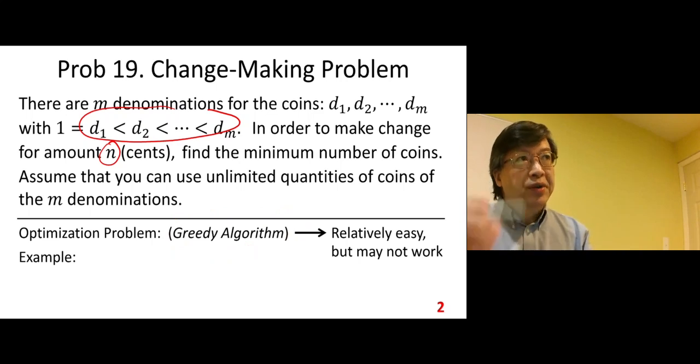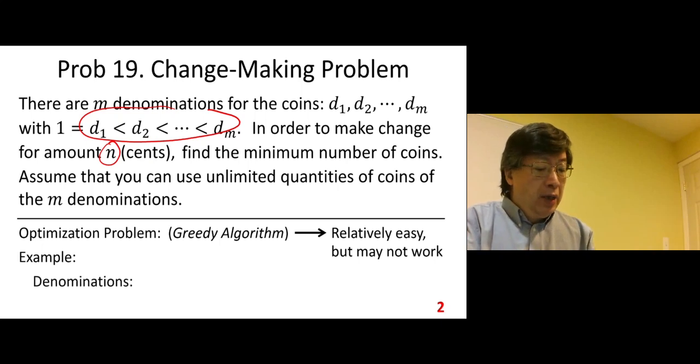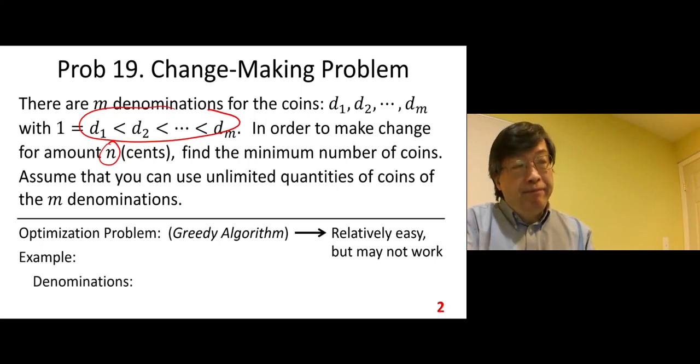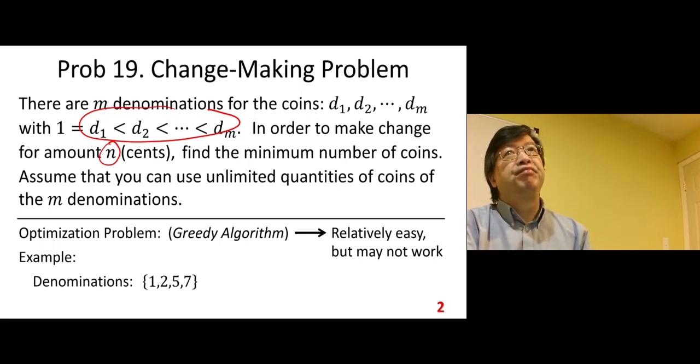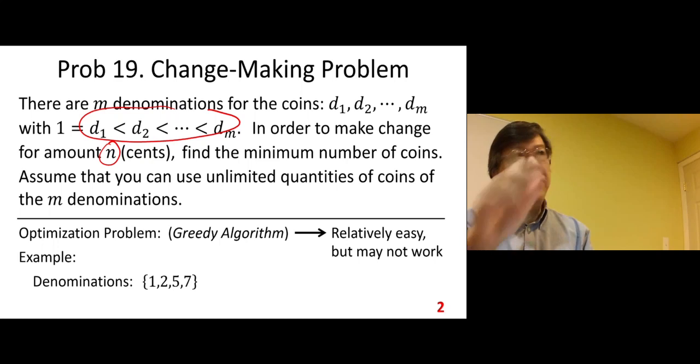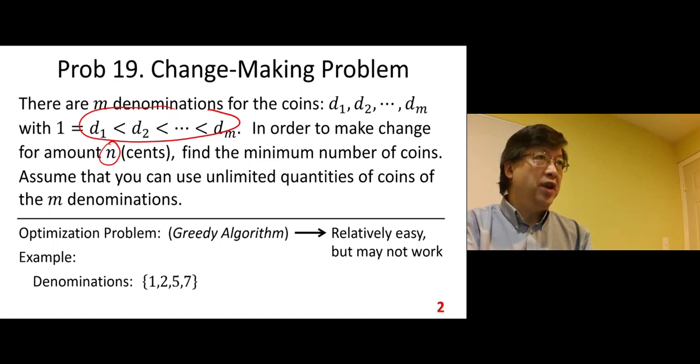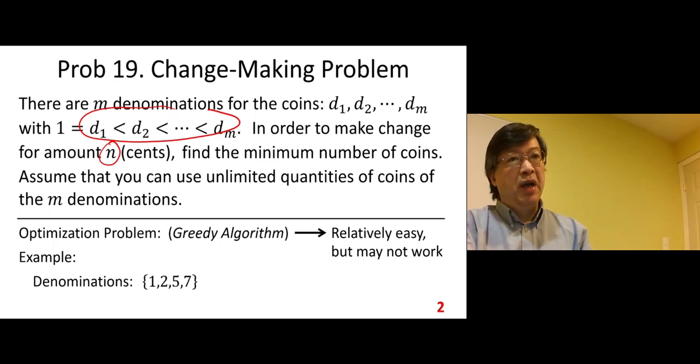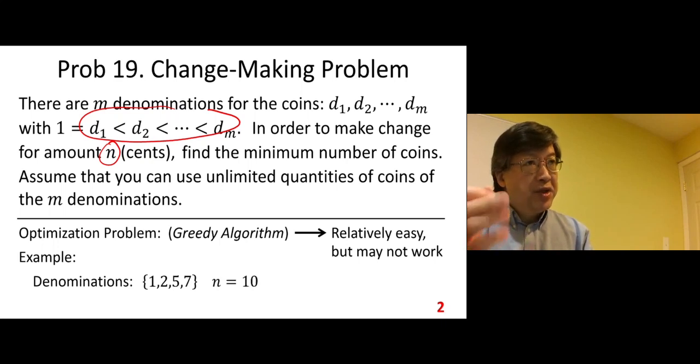First we look at a simple example, to try to get some sense of this problem. Suppose we have denominations like this: 1, 2, 5, 7. These 4 denominations for the coins we can use. Now n equals 10.